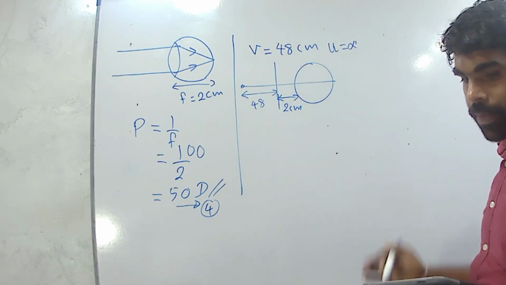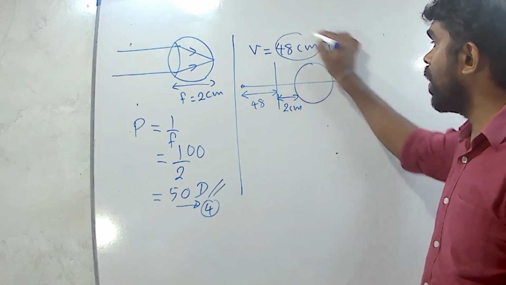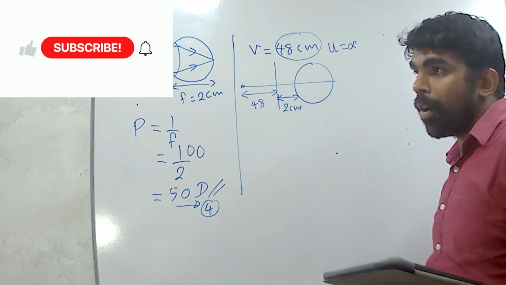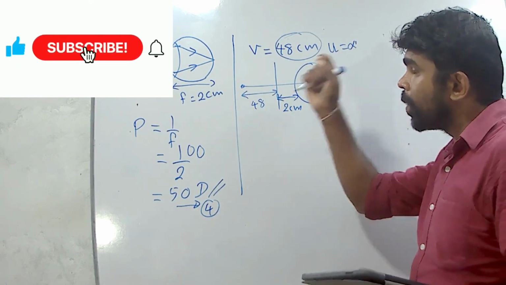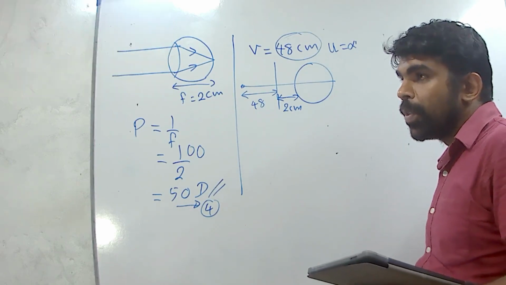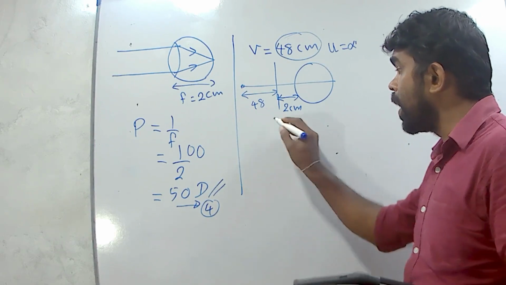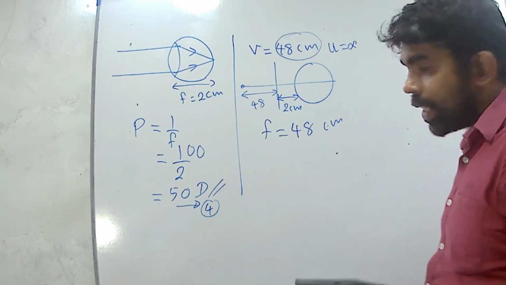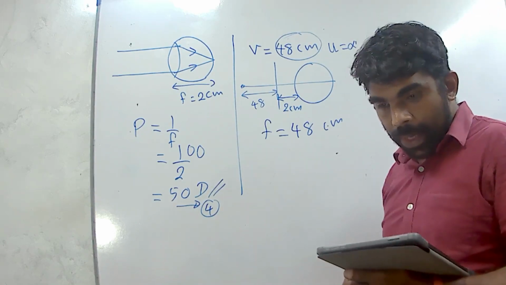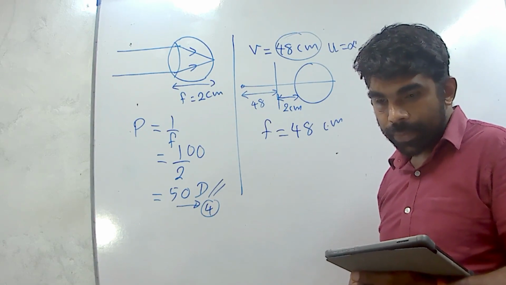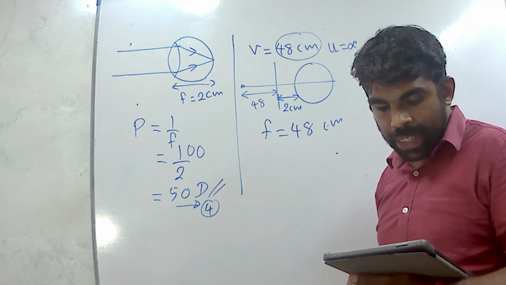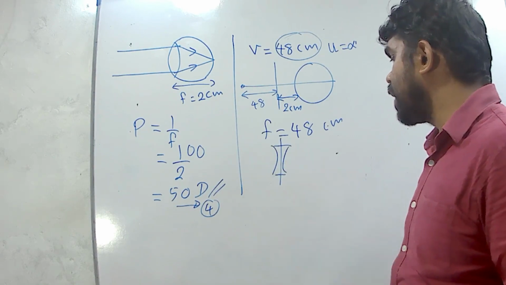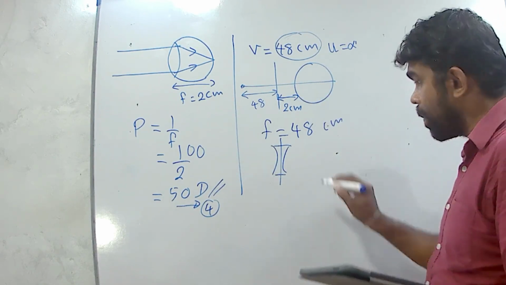It means the focal length should be this one, because we know that we can bring objects at infinity to the focal point of a lens. Then focal length should be 48 centimeters. And we know that we use diverging lenses to see infinity. Then it should be a diverging lens like this, and focal length should be 48 centimeters.